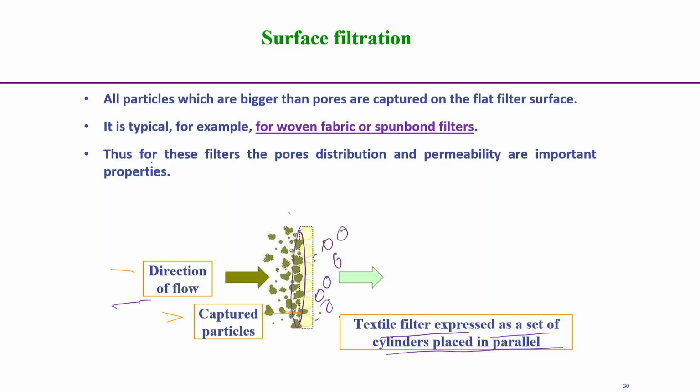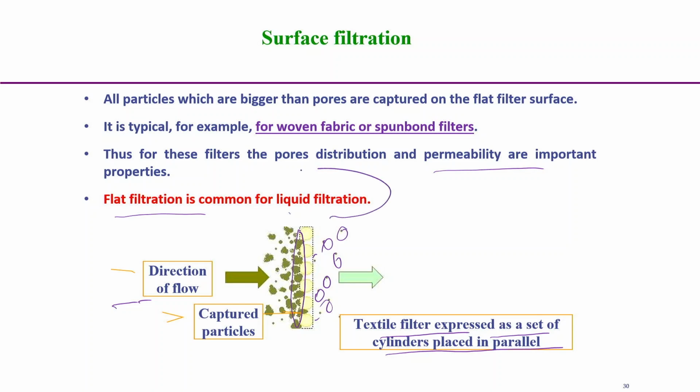Thus, for these filters the pore distribution and permeability are important properties. This is called flat filtration, and it is very commonly used for liquid filtration, particularly where we want to take the filtrate, like in food stuff filtration.